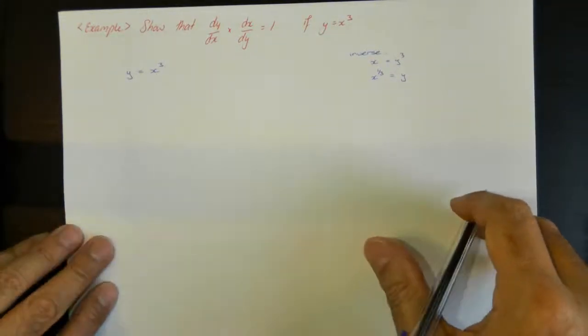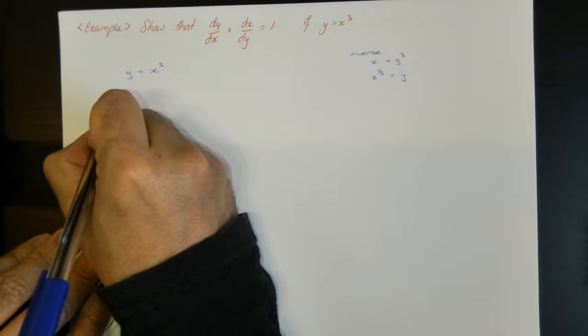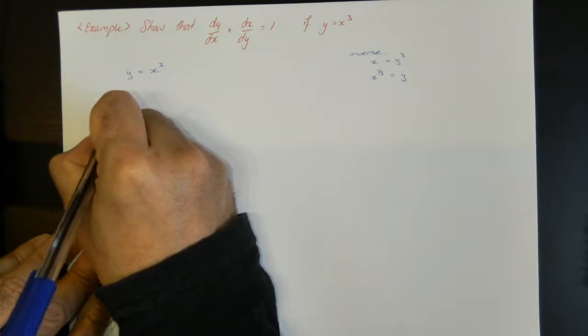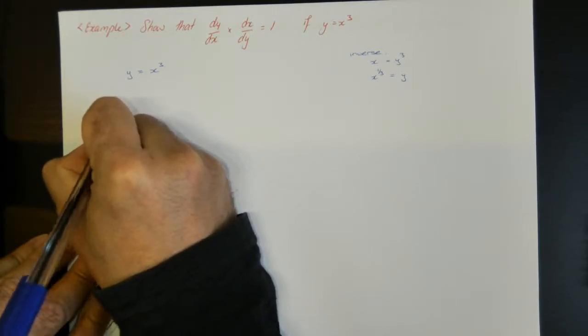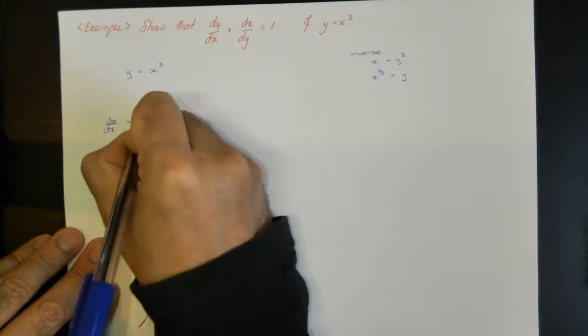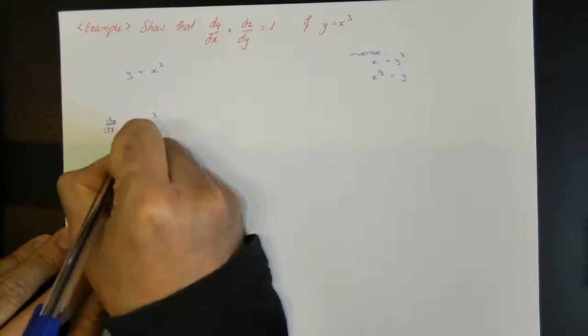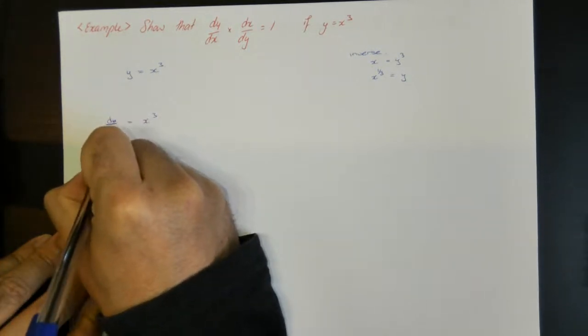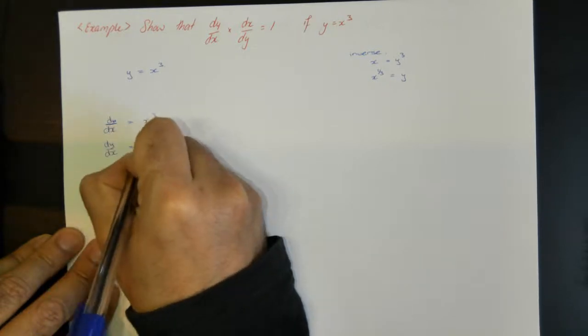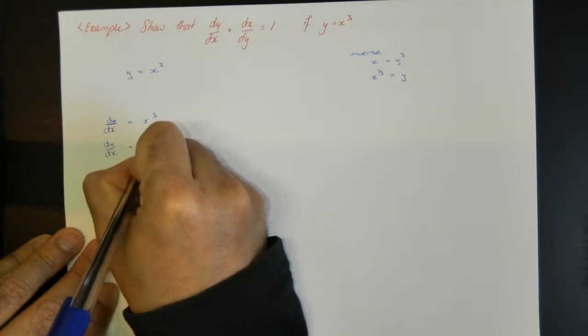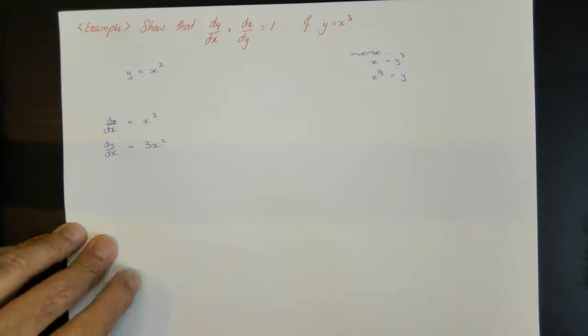Okay. So if I want to find dy over dx in this situation, it is going to be 3x squared.